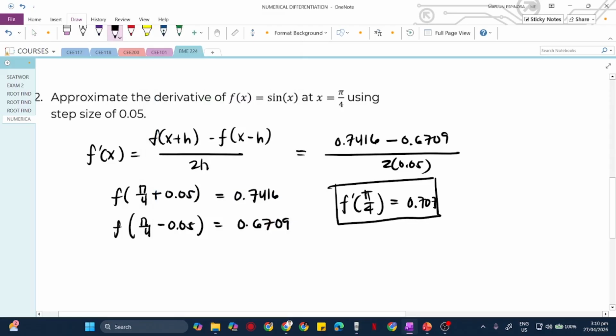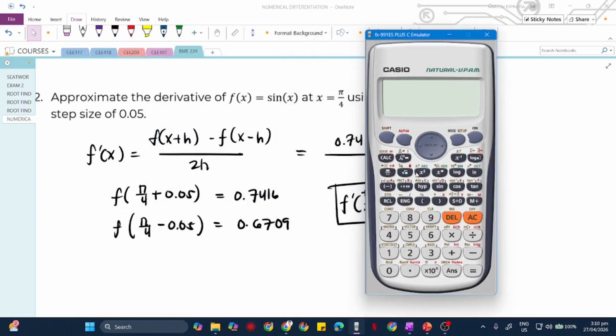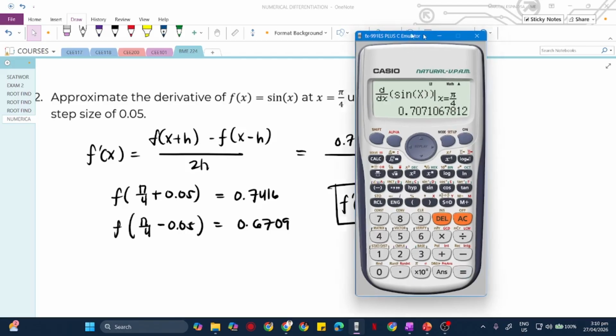Now, if we compare it with analytical, so 'di ba? Dali lang 'yan, no? So, derivative. So, ito shift derive of sin x, no? Gamitin natin yung power of calculator, no? At pi over 4. So, the answer would be equivalent to 0.707.